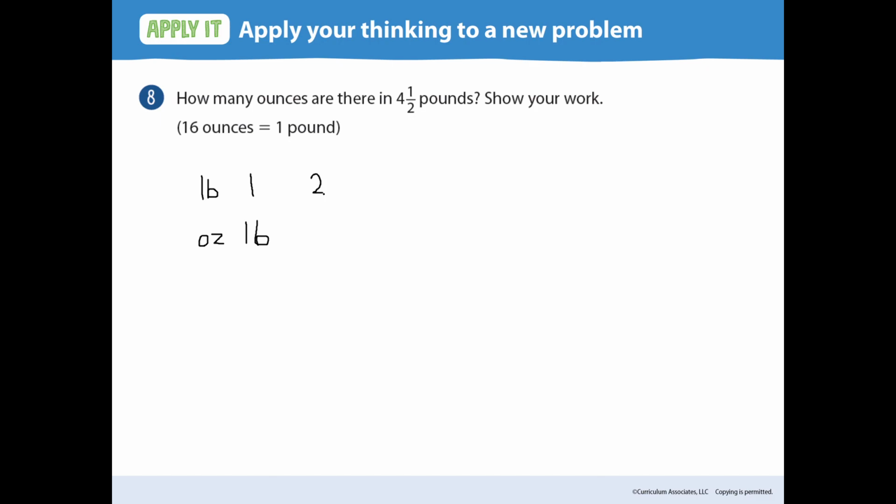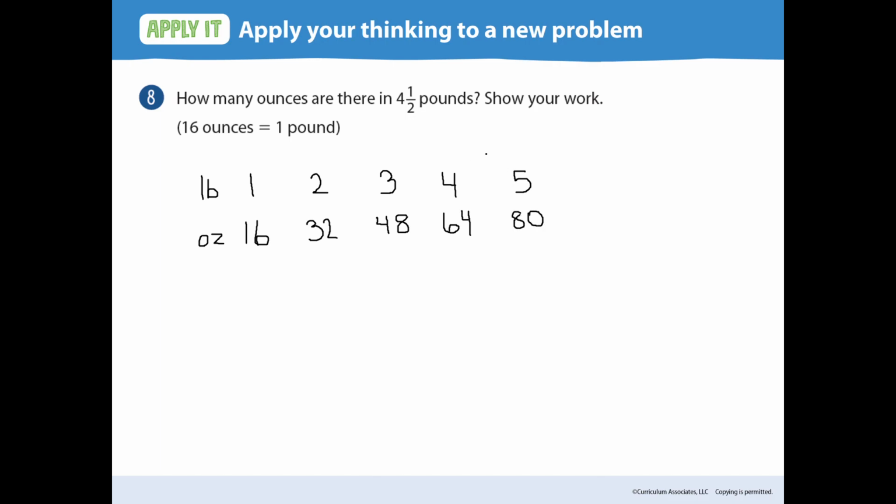So 2 pounds would be 2 times 16, where we would get 32 ounces. 3 pounds is 3 times 16, that's 48 ounces. 4 pounds is 4 times 16, that's 64 ounces. 5 pounds is 5 times 16, which is 80.